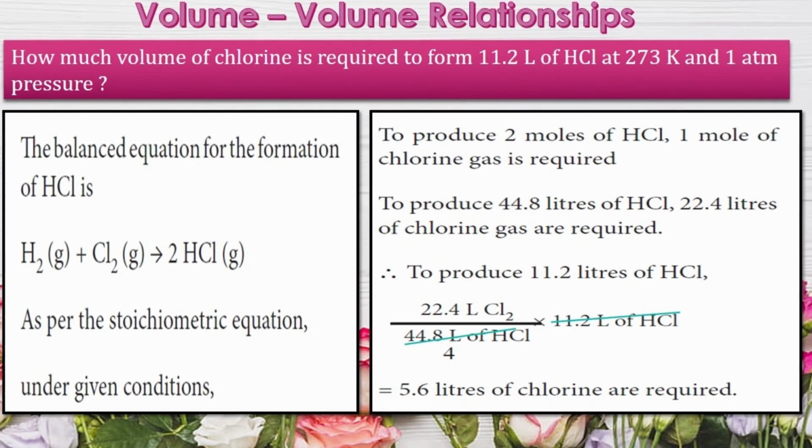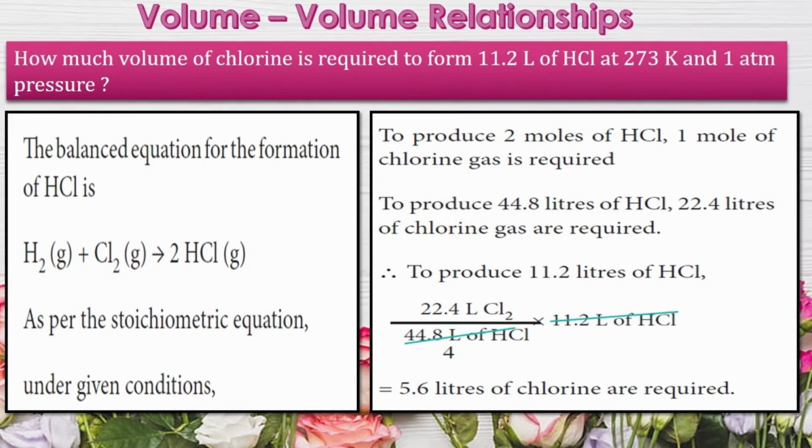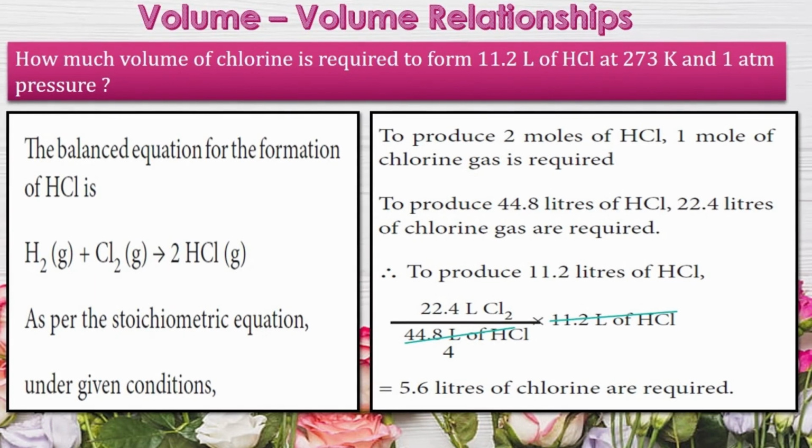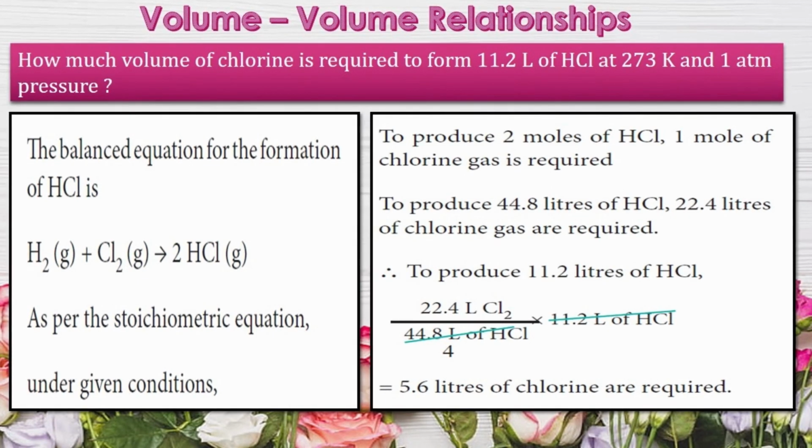And here they have given the temperature 273 Kelvin and the pressure equal to 1 atmospheric pressure. So we know 1 mole of any gas at this standard condition will occupy 22.4 liters. So here the first step is you have to write the balanced chemical equation.